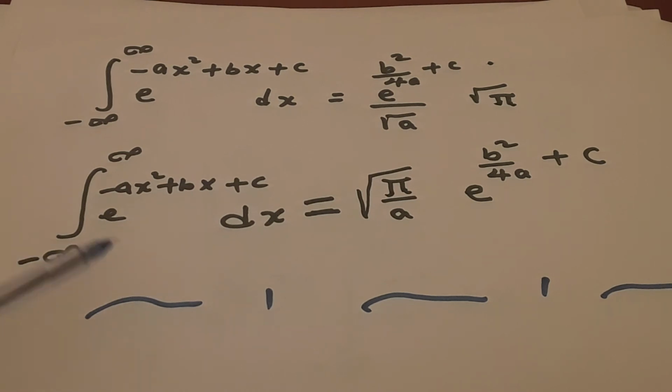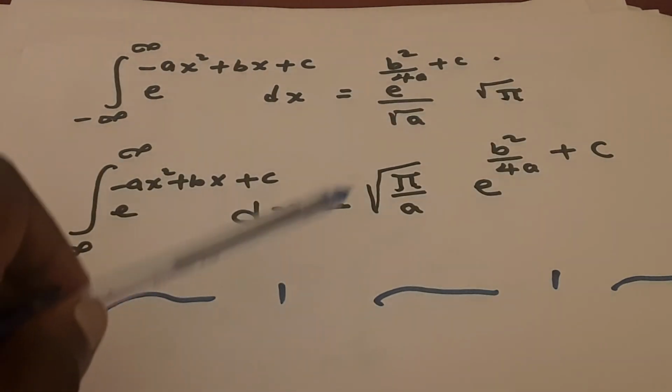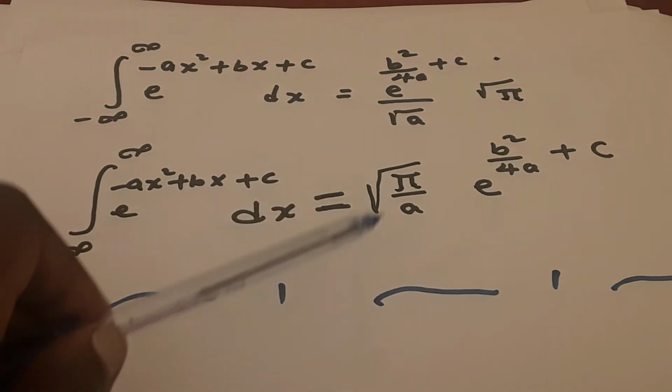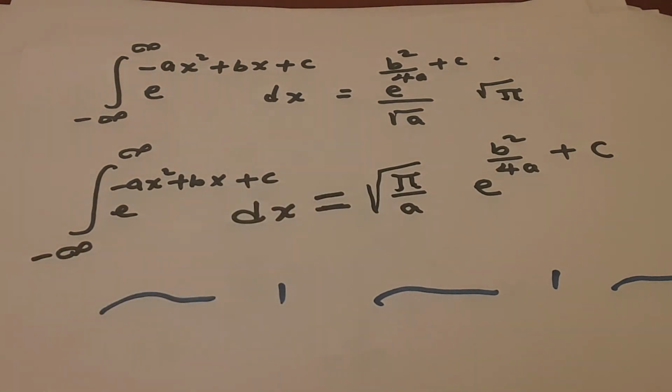It sounds easy, and again interesting. So bear in mind, over the real line, for the exponential with a quadratic form in the power, we have square root of pi over a, times e raised b squared over 4a plus c. Say b is 2, a is 1, c is 0.